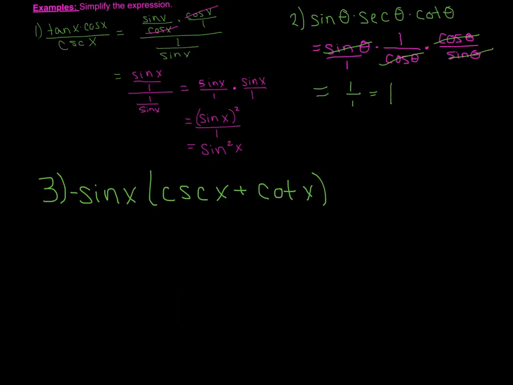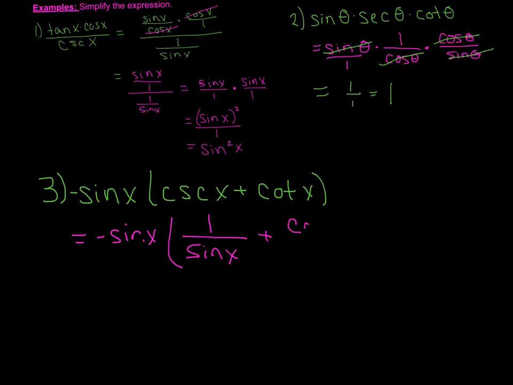Okay, the next one I have negative sine x times the quantity, because it's in parentheses, cosecant x plus cotangent x. So the first thing I want to do is rewrite everything in terms of sine and cosine. Cosecant's 1 over the sine of x.